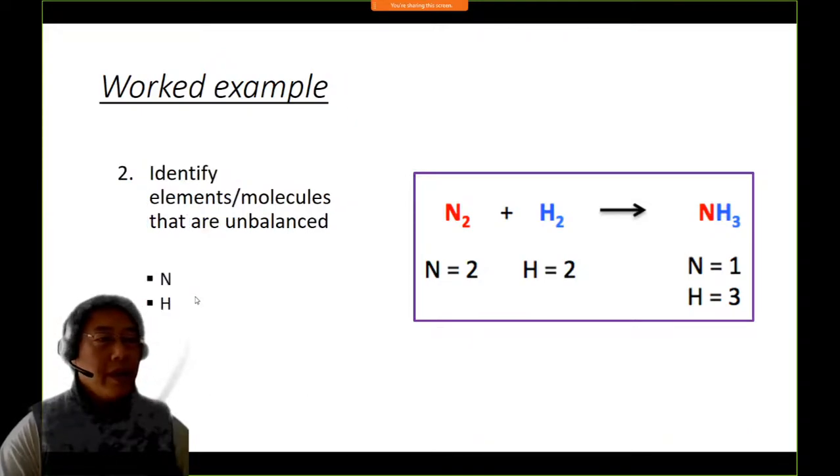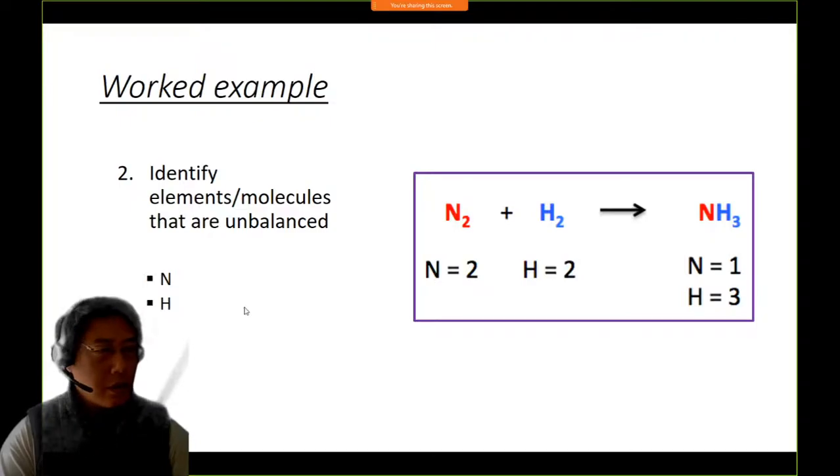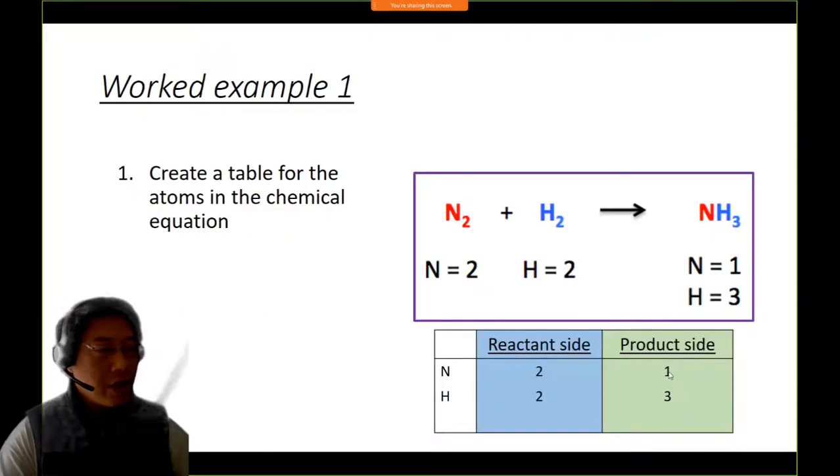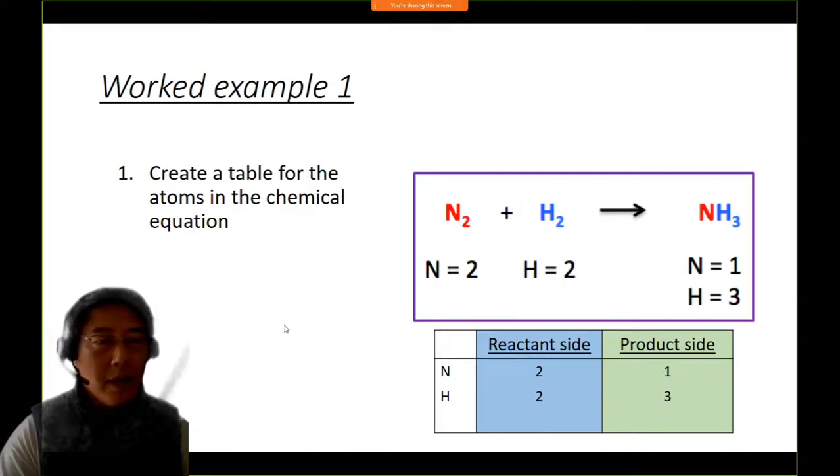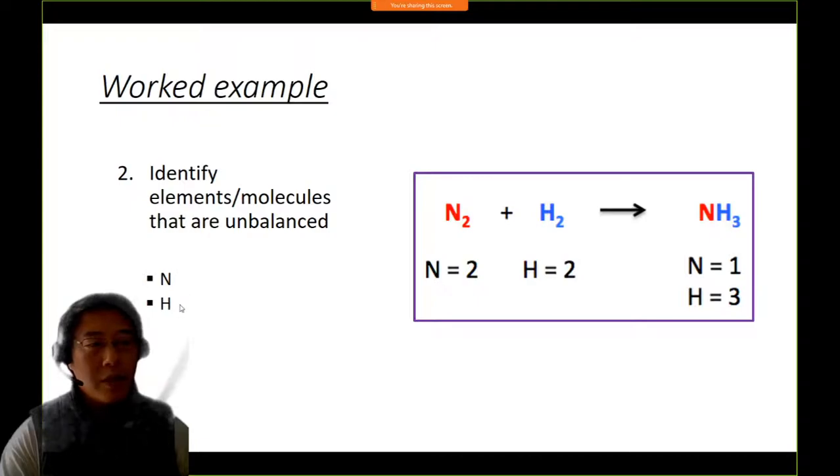All right. Now identify which elements are unbalanced. Okay, and it's both of them. So I mentioned the N is unbalanced, but it's the same for the H. You have 2 on the left and you have 3 on the right, so both of them are unbalanced. So you need to list the ones that are unbalanced.